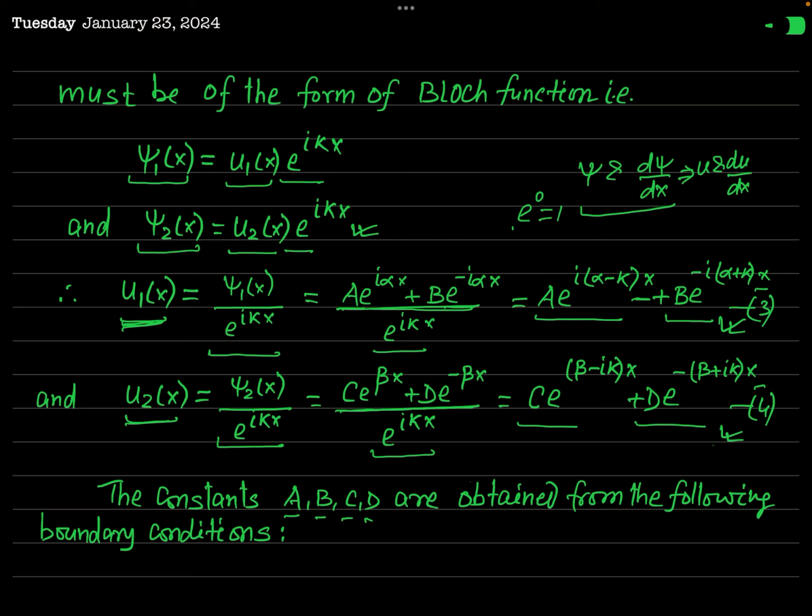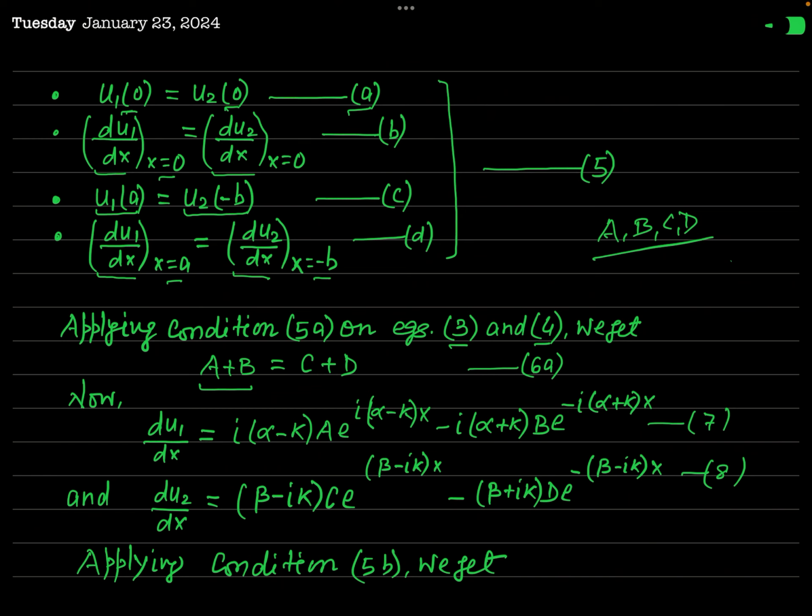So u1 at x equal to 0 will be simply A plus B. In a similar manner, u2 at x equal to 0 will be equal to C plus D. But according to the boundary condition, u1 at x equal to 0 and u2 at x equal to 0 are equal. So we can say that A plus B is equal to C plus D.